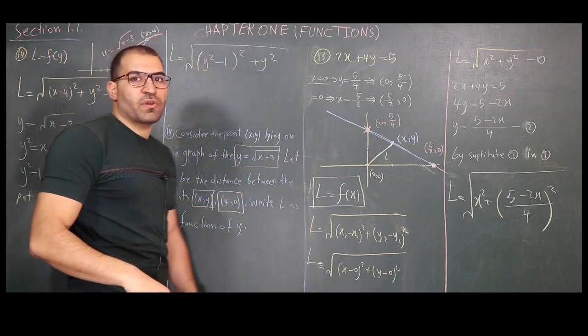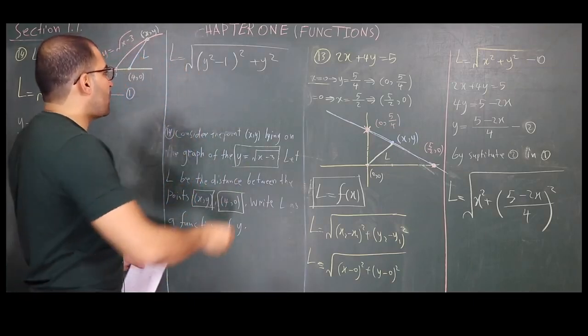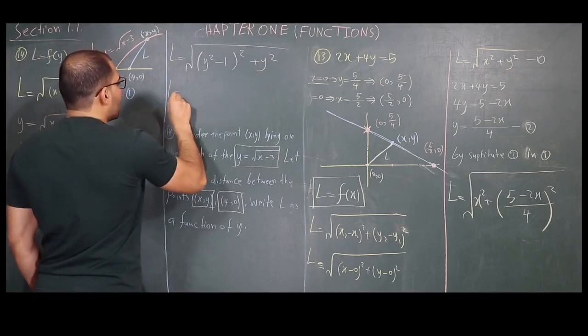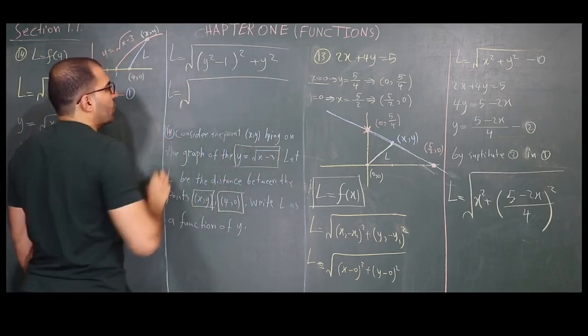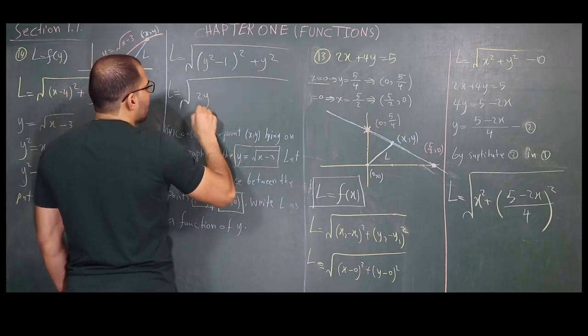You don't need to simplify it, but if you want to simplify it and make it easier as one polynomial inside, it's okay, and I can just do it for you in one step. So y squared will be y squared, and you have 2y squared.